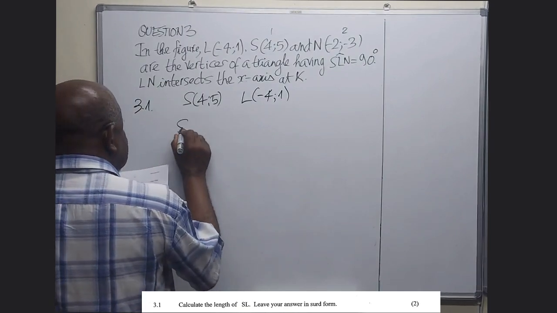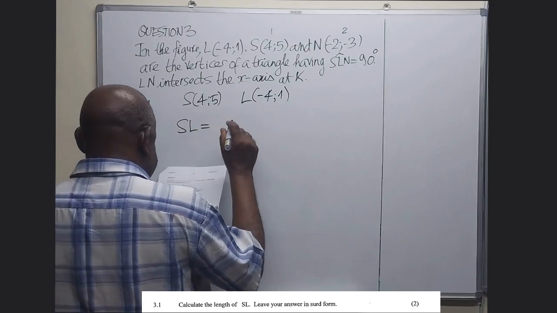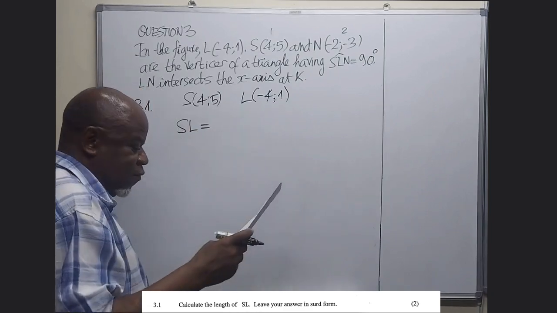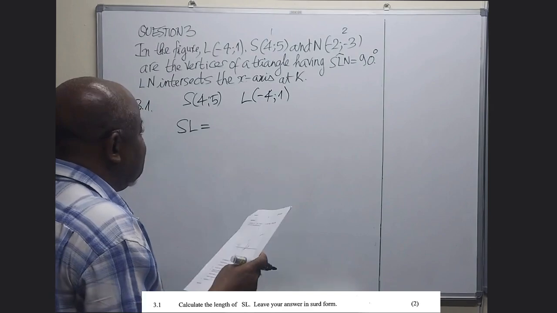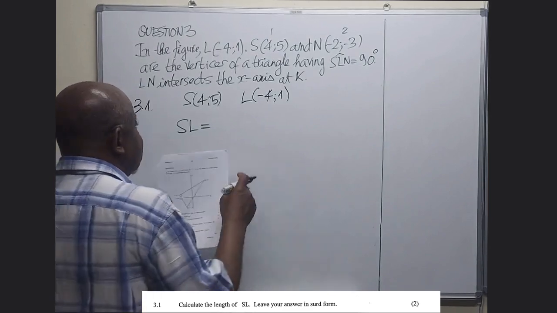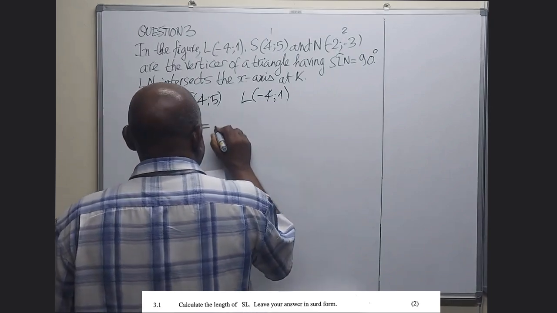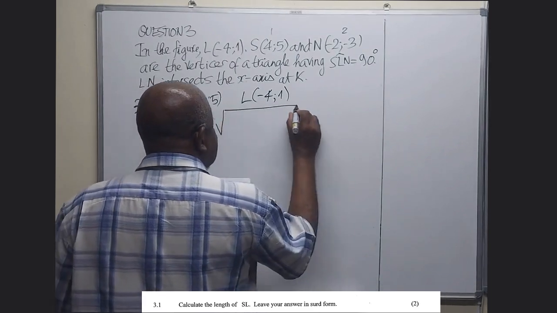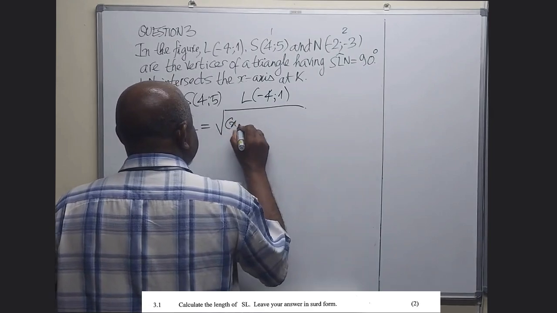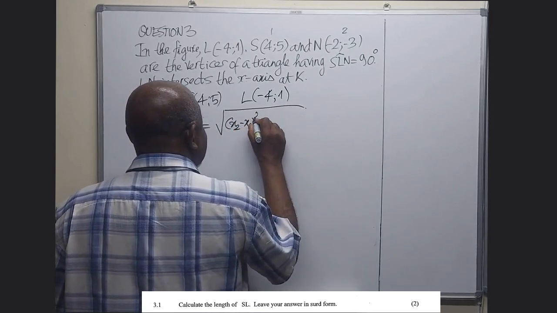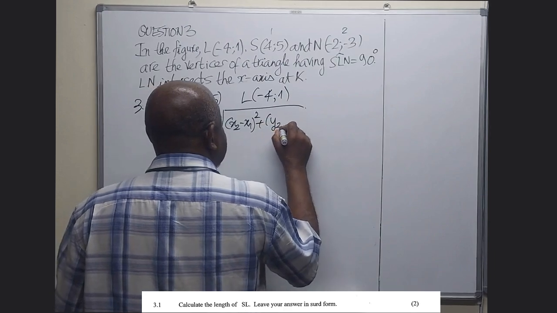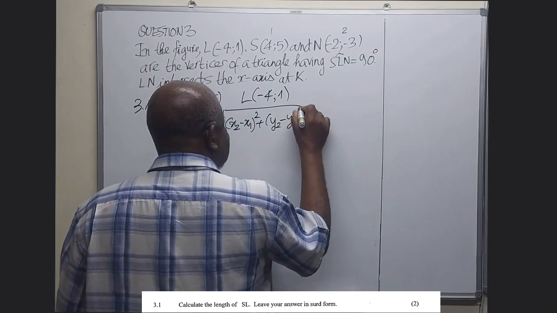we're going to write it like this. SL is equal to, then we're going to use the formula of the distance between 2 points S and L. I'm going to write the formula like this: the square root of (x2 minus x1) squared plus (y2 minus y1) squared.